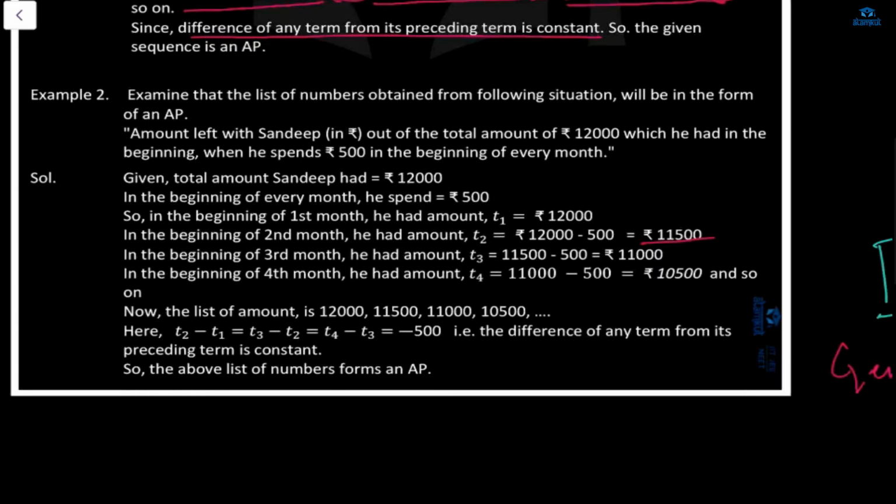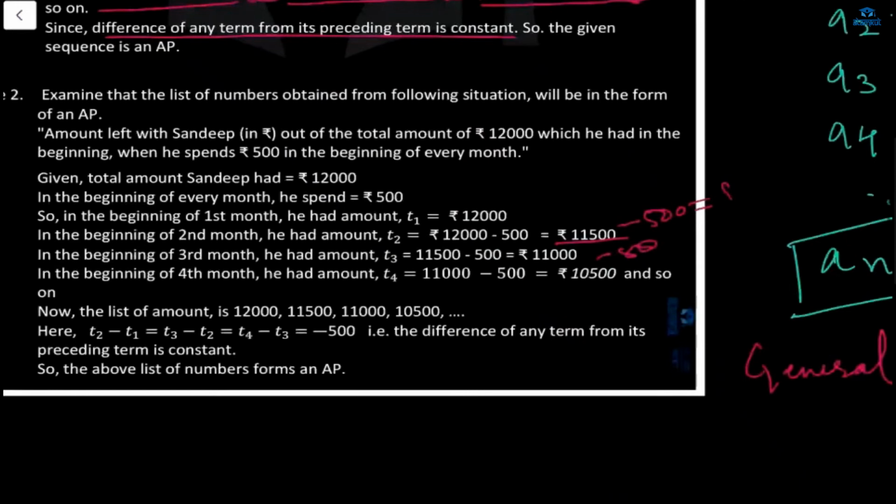Similarly, in the beginning of the third month, from this new term we subtract 500. And in the next upcoming month, from whatever answer we get here, we again subtract 500. So you can see it is forming an AP because every time the difference is 500.